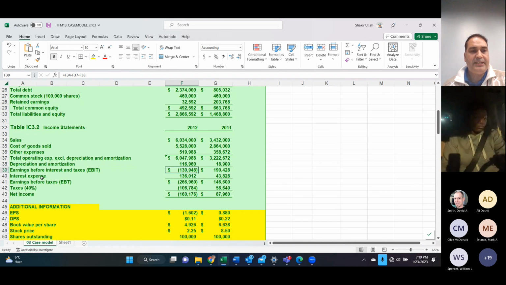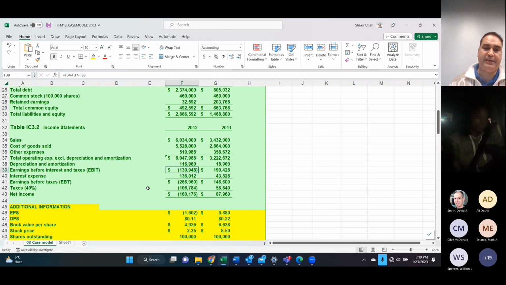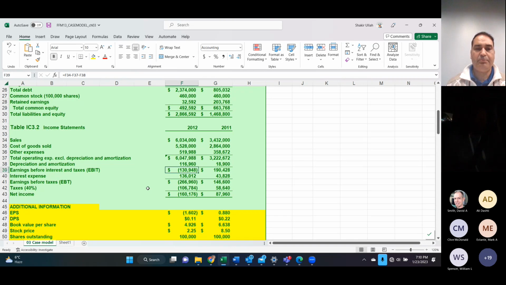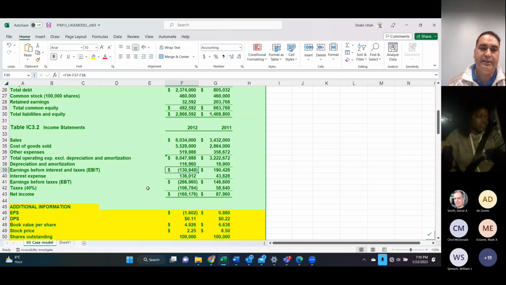Interest and taxes are non-operating expenses because when you borrow money, the borrowing has nothing to do with the operations of the business. It can be your own money or it can be borrowed money. The business will still run in the same way. So that's a financial expense, not an operating expense.